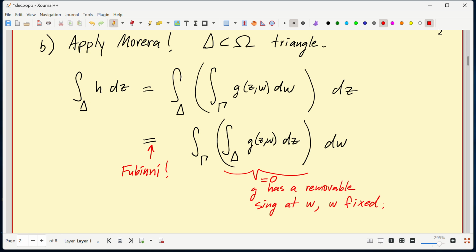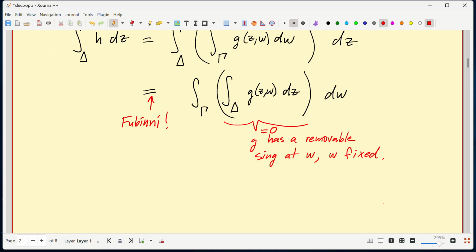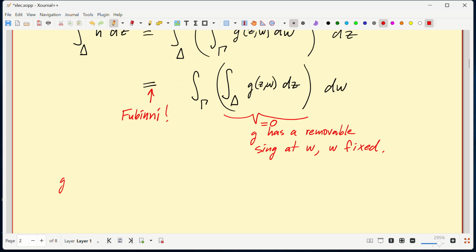Okay, that's really sneaky. Let's see, why is that? Remember, G of z w is the difference quotient, f of z minus f of w over z minus w, and then it'd be f prime of w at w.